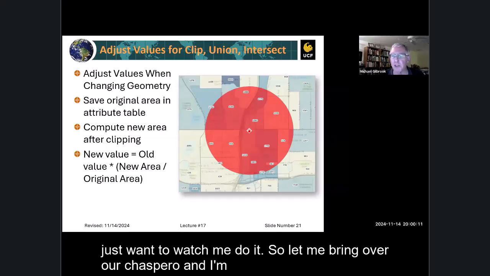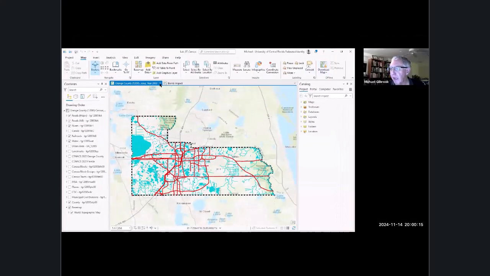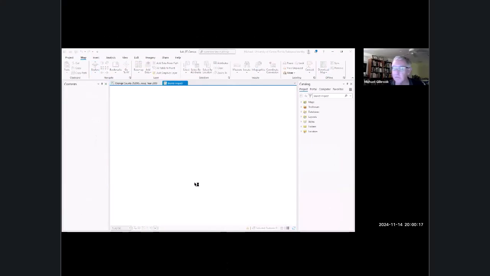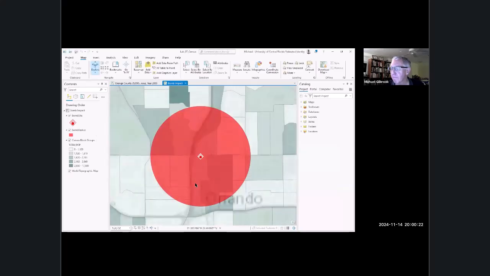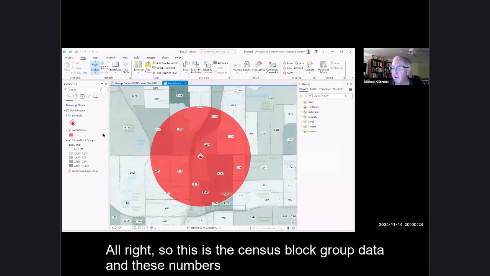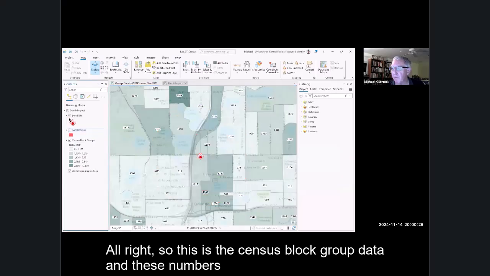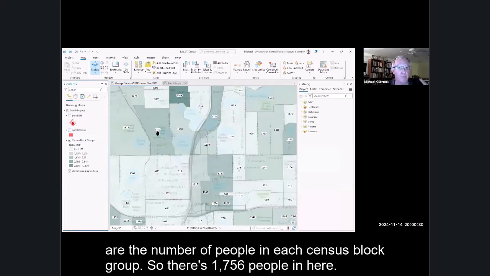So let me bring over ArcGIS Pro, and I'm going to go to the bomb impact map. This is the census block group data, and these numbers are the number of people in each census block group. So there's 1,766 people in here.